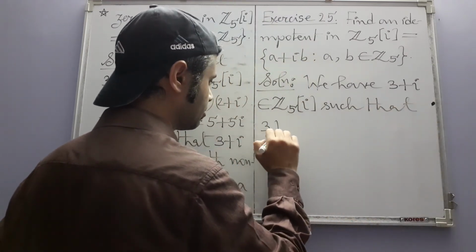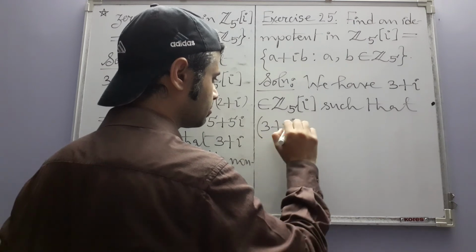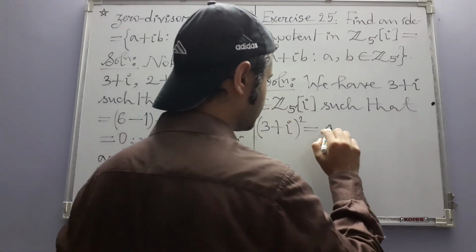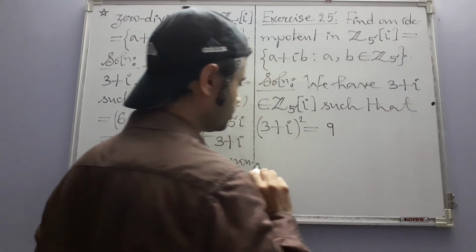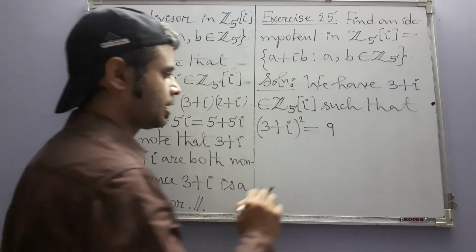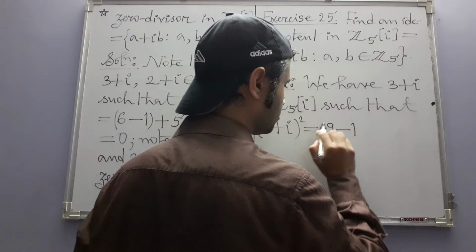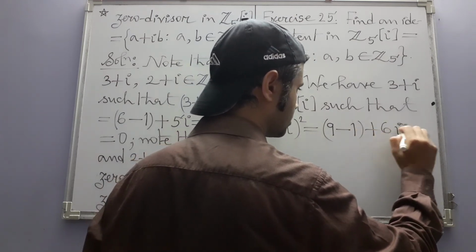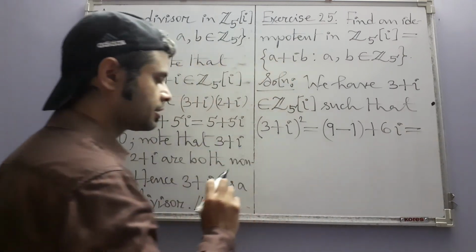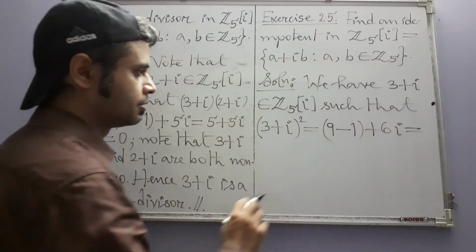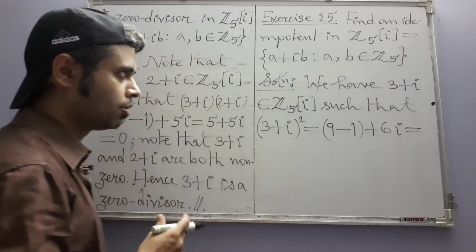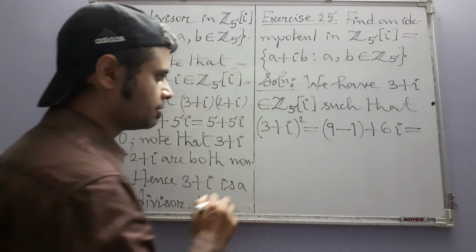so we calculate its square. So its square will be 3 squared minus 1, that is i squared, plus 6i. But then you adjust everything in Z5. So 9 minus 1 is 8, but because we are calculating modulo 5, our modulus is 5.